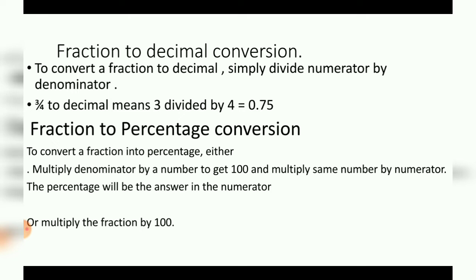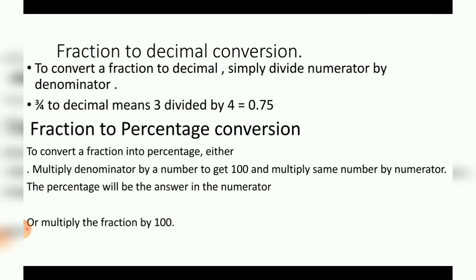When it's a proper fraction, meaning the denominator is bigger than the numerator, the answer will always be in decimal points. So to convert 3 by 4 to a decimal, 3 inside and 4 outside, that is 0.75. You can use a calculator, or you can also work it out by mental thinking or paper calculation.